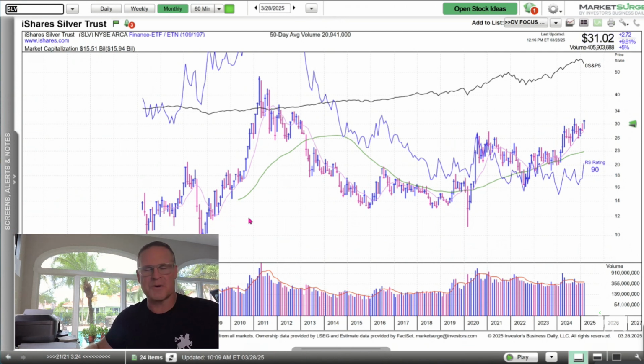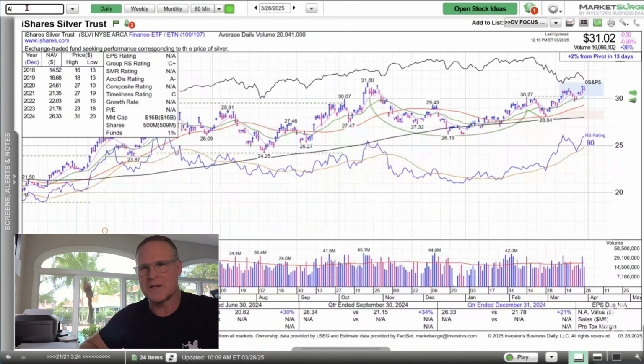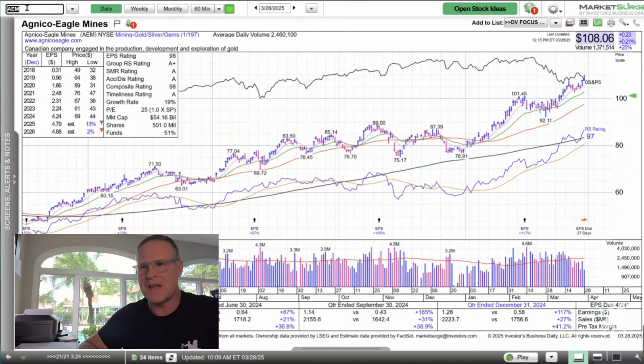So silver could play some catch up to gold, and that's really the main thing I wanted to talk about. We're also going to talk about AEM as really being our leading stock that we're following in the gold area, and it's currently extended.